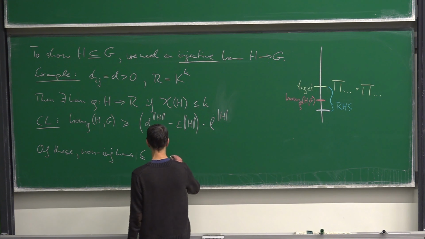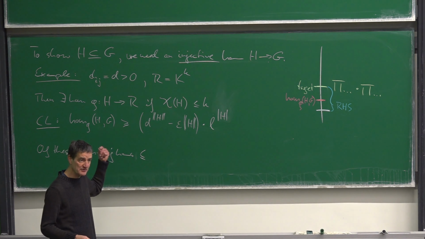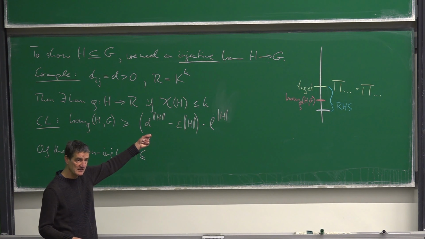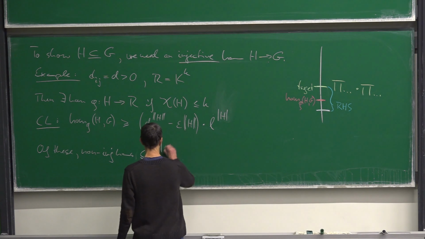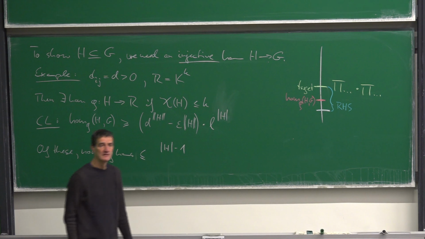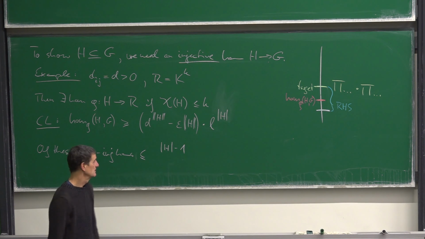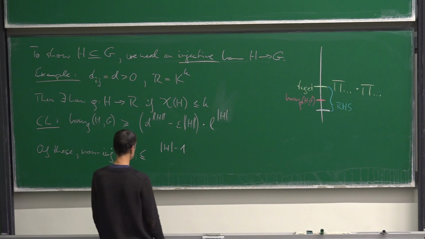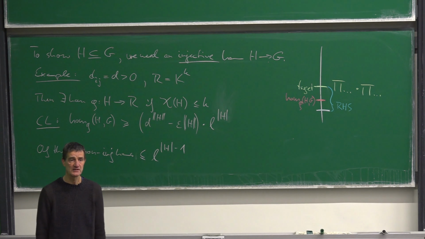Well, once you have identified two vertices that have to map to the same vertex of G, you have order of H minus 1 many choices for the vertices that you have, and each image is chosen from a class of size L.